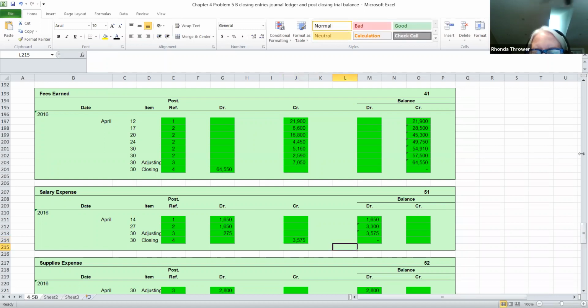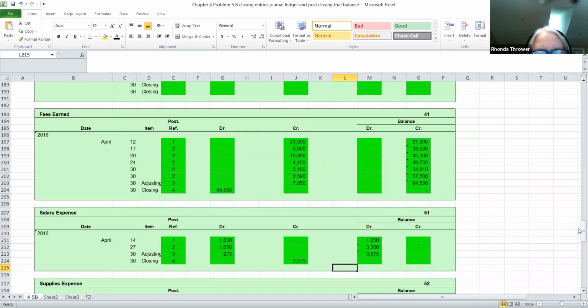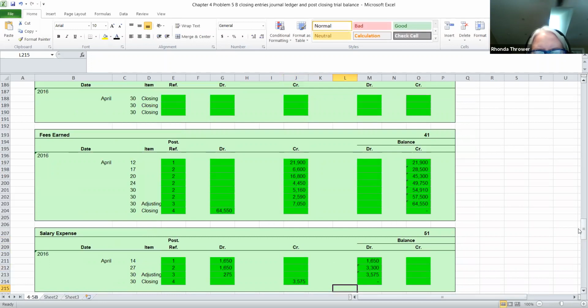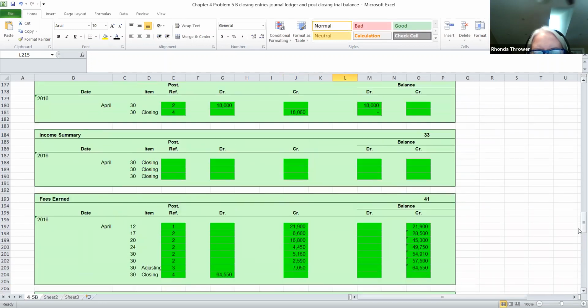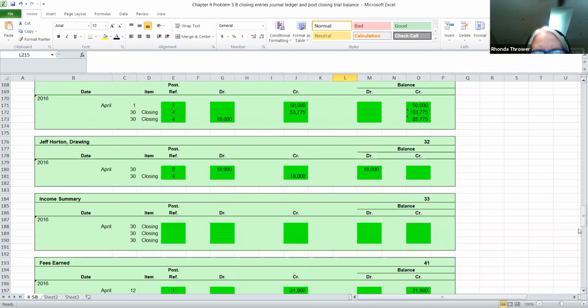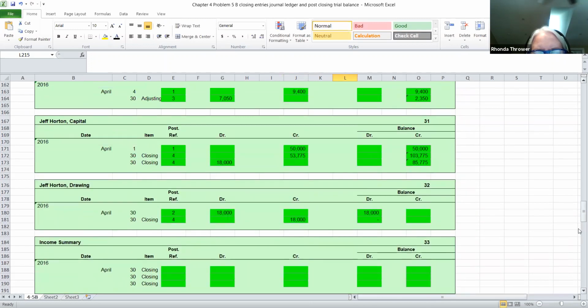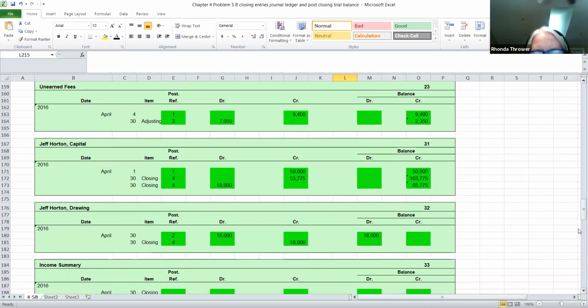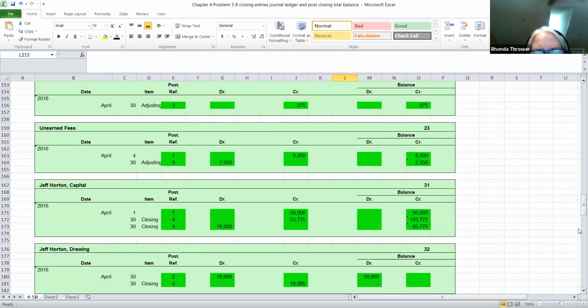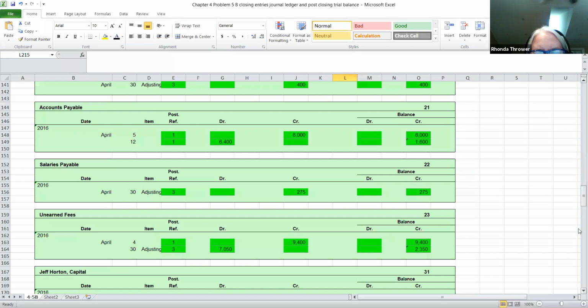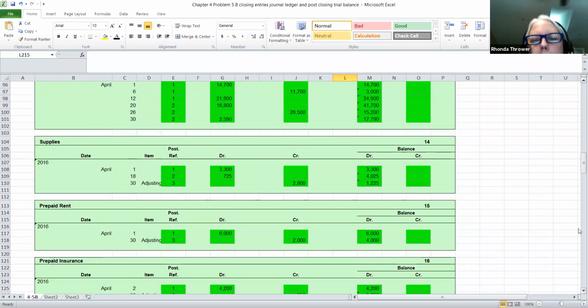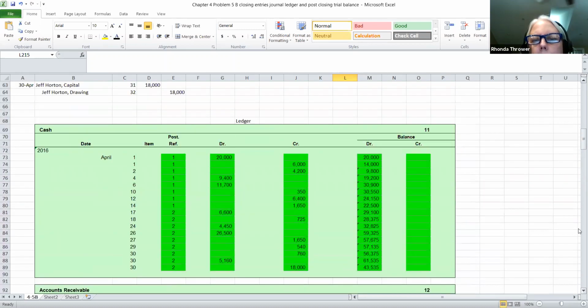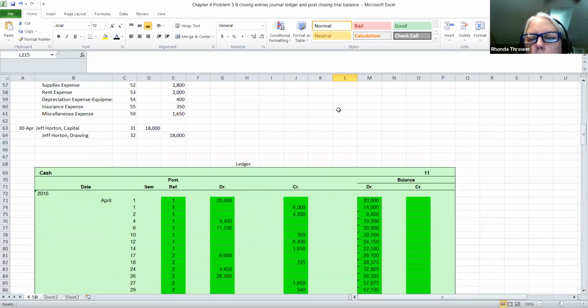That wouldn't have affected the balance though, because that wouldn't have gone on the post-closing trial balance. It's just assets, liabilities, and owner's equity. So it's for $150. All right.